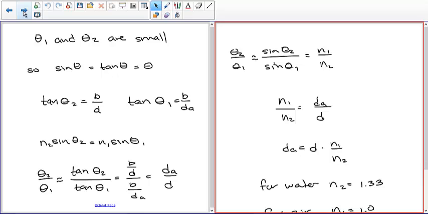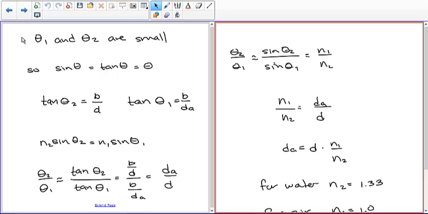What you end up with is N1 over N2 is equal to D sub A over D. Or the perceived depth is the actual depth times the ratio of the indices of refraction. N1 is air, so that's 1, and water has an index of refraction of around 1.33.